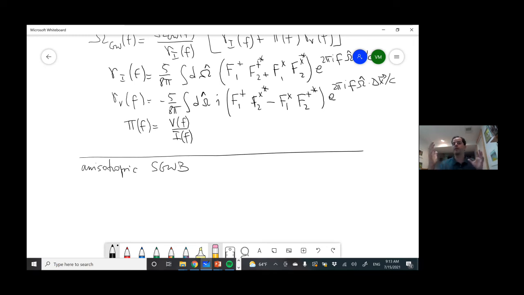So this rotation of the Earth basically allows us to make independent measurements of the sky with different orientations of Hanford and Livingston as the Earth rotates around itself. And this allows us then to break the degeneracies and pinpoint the directionality of a source. So that's the intuition here.